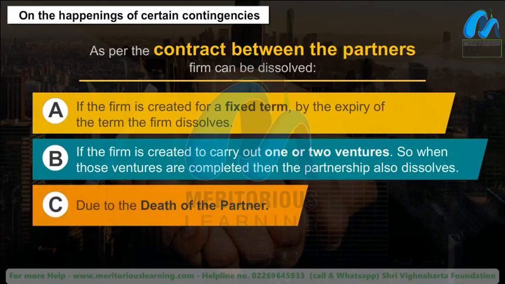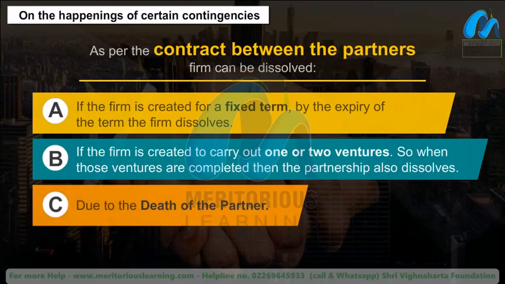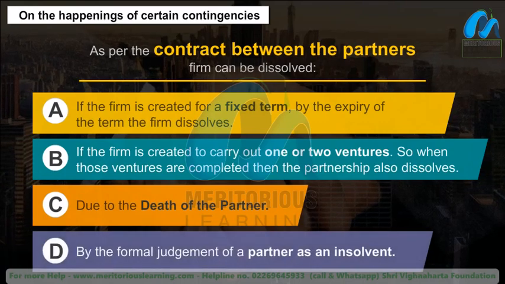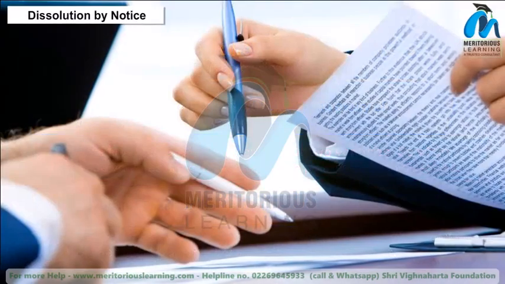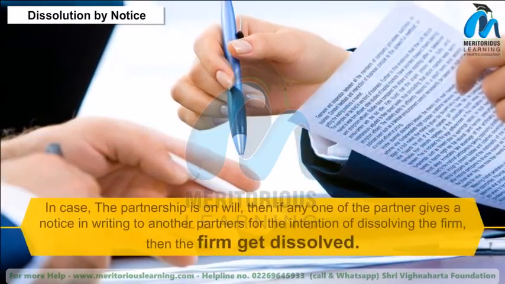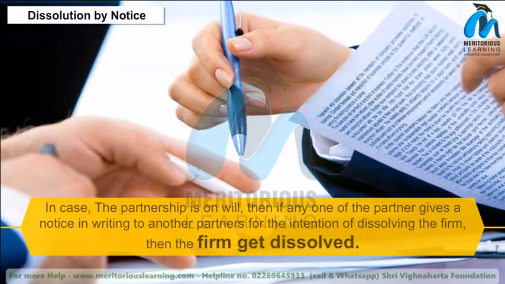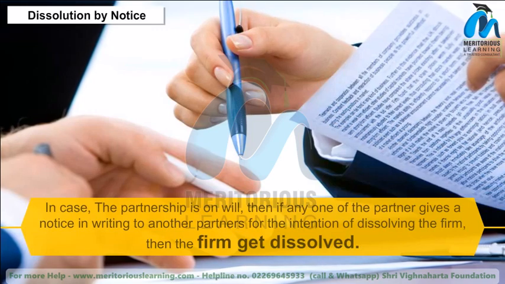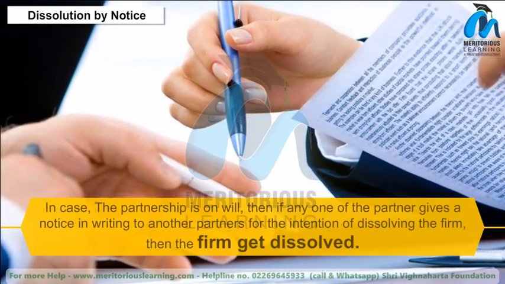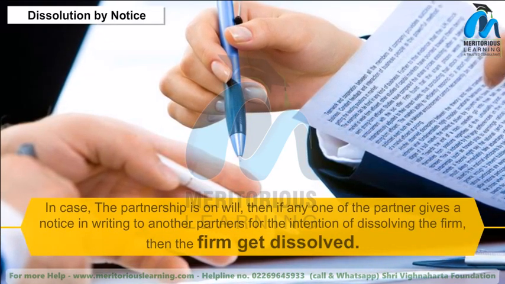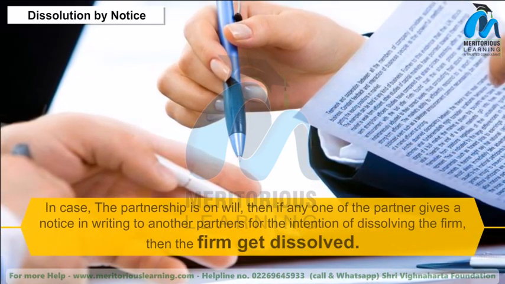C. Due to the death of the partner. D. By the formal judgment of a partner as an insolvent. Dissolution by notice. In case the partnership is at will, if any one of the partners gives a notice in writing to the other partners of the intention of dissolving the firm, then the firm gets dissolved.